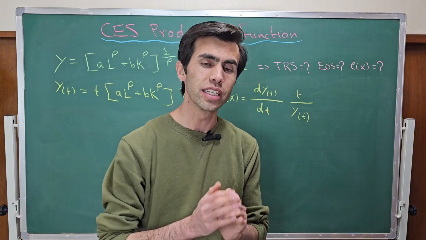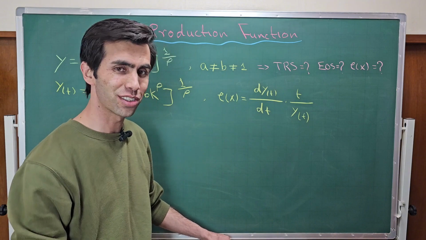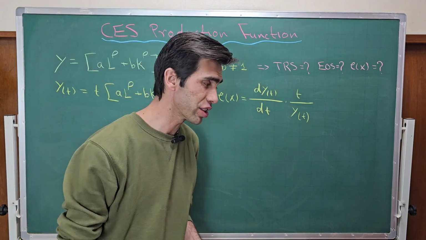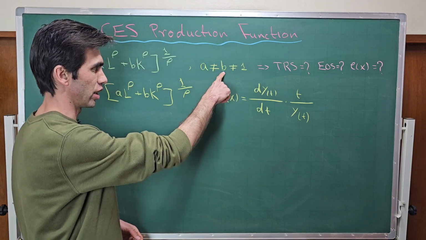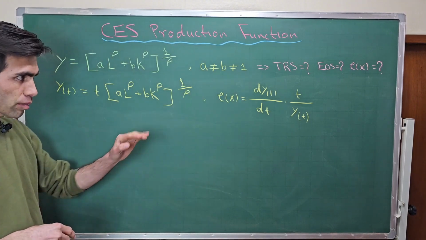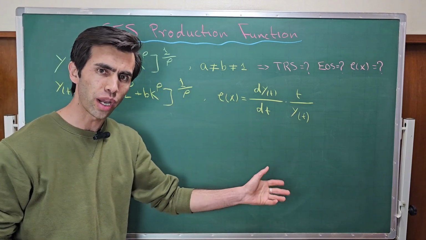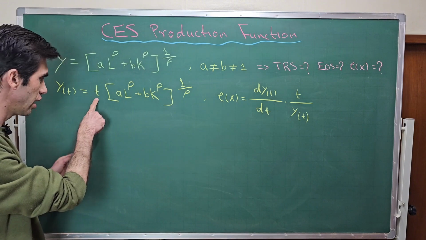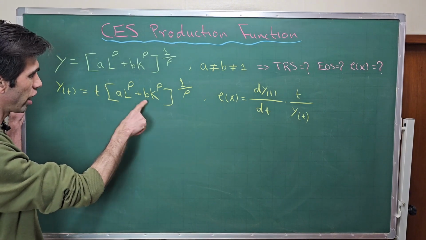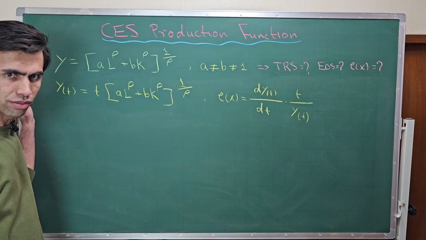So now, let's move on to the next stage to find the elasticity of scale for this typical CES production function when A is not equal to B and not equal to 1. If we change all inputs by a scalar like t, then the output after scaling will be equal to t multiplied by the initial production function.